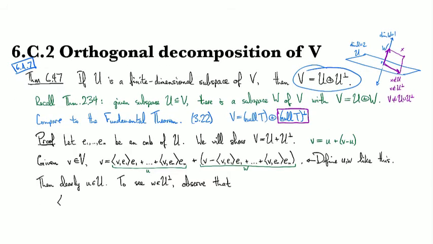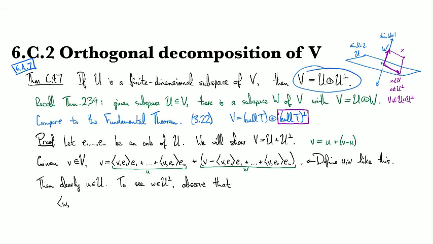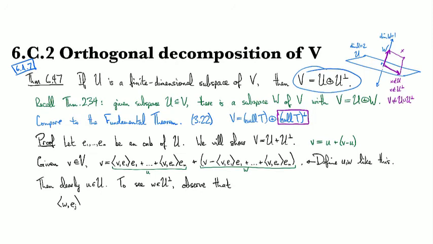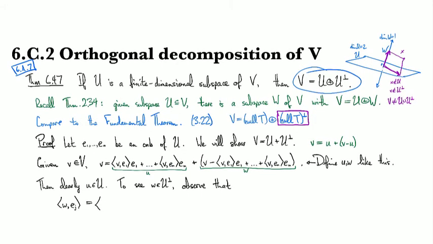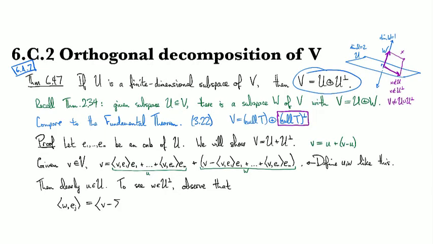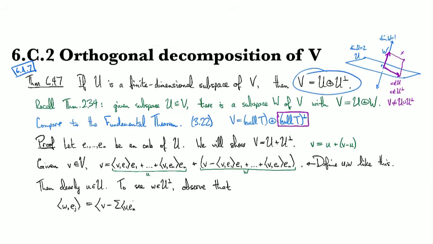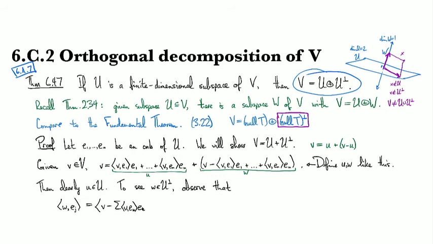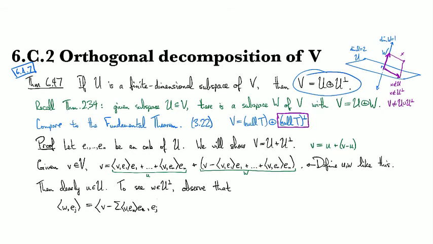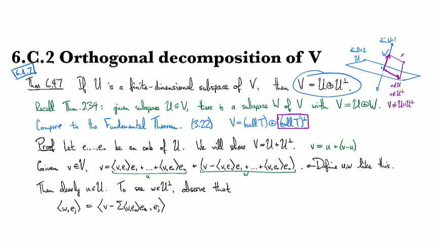If we do W against any of the orthonormal basis vectors for U, let's call it EJ, then this is going to be V minus the sum of V against EK summed over K times EK on the one side, and then we've still got EJ on the other side. And you know what's coming next. We're going to do some arithmetic with inner products.